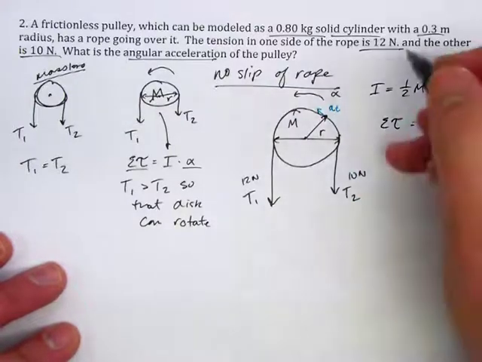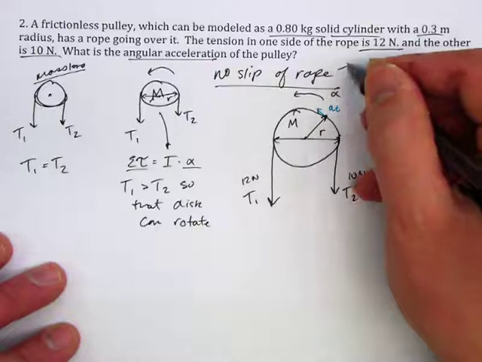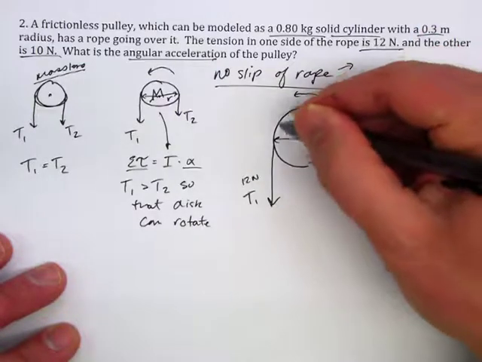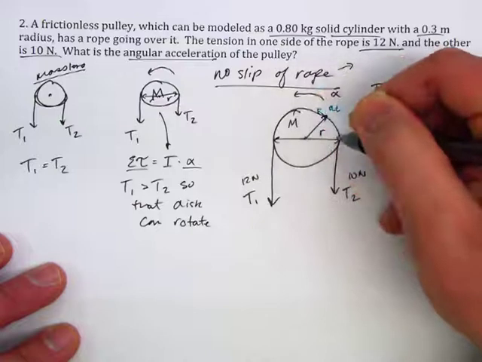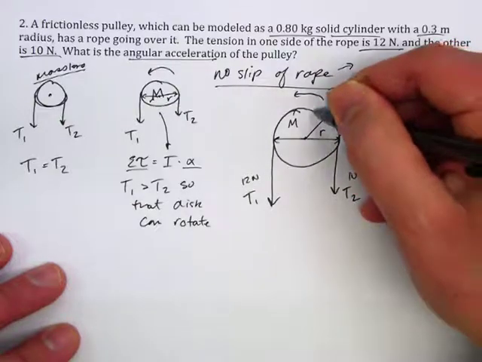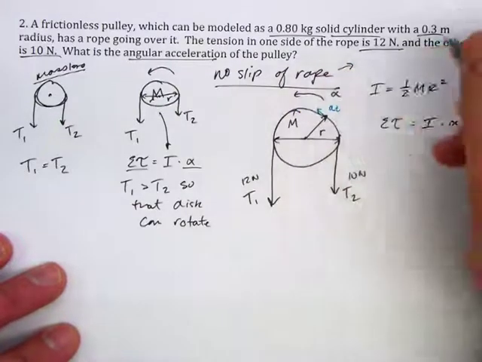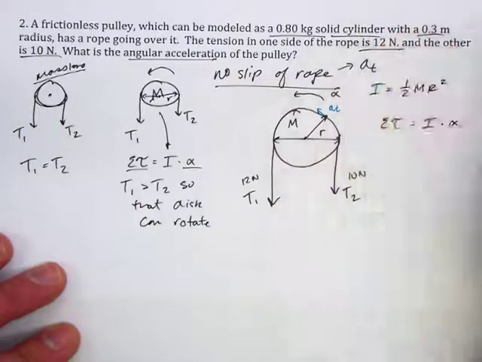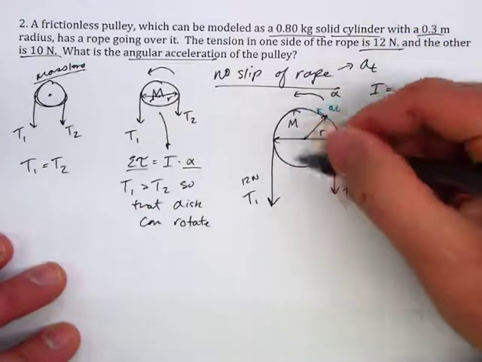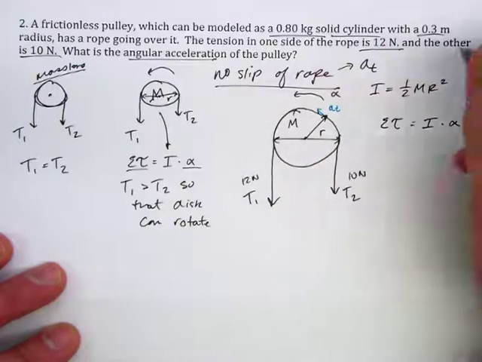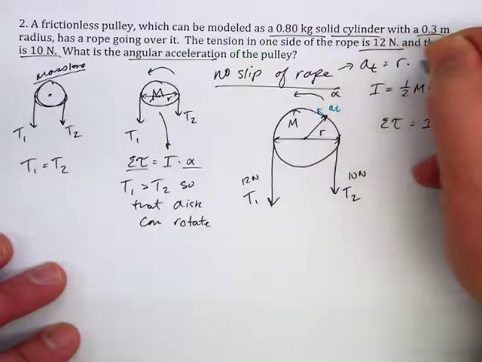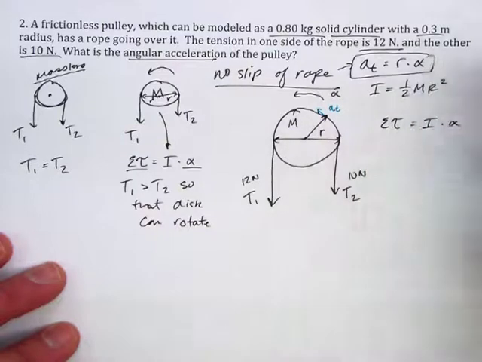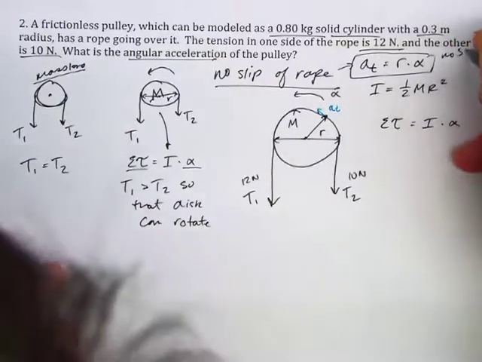If the rope doesn't slip, then the rotation of the rope at any given point around this disk is the same as the rotation of a point on the edge of the disk. And we know from previous derivations that the tangential acceleration of something that's accelerating while it rotates is equal to R times alpha. This becomes what we call the no-slip condition.